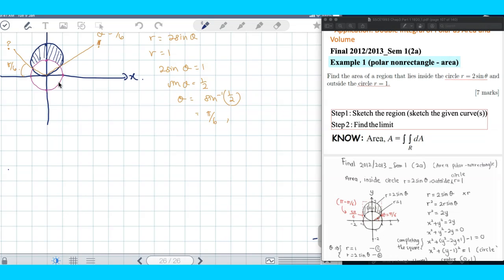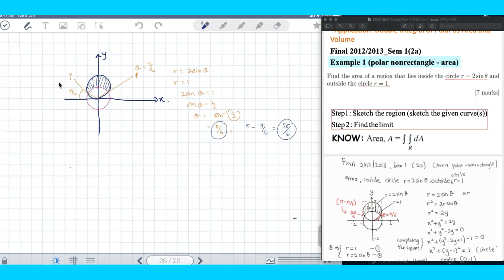You have to subtract pi, which is 180, minus pi over 6, and this will give you 5 pi over 6. So the thetas that we have are pi over 6 and 5 pi over 6. So this is this line. So this one belongs to theta equal to 5 pi over 6. Okay.